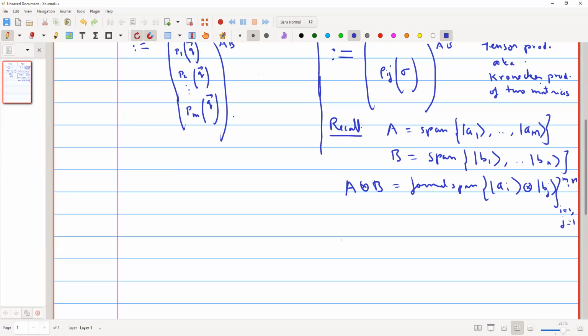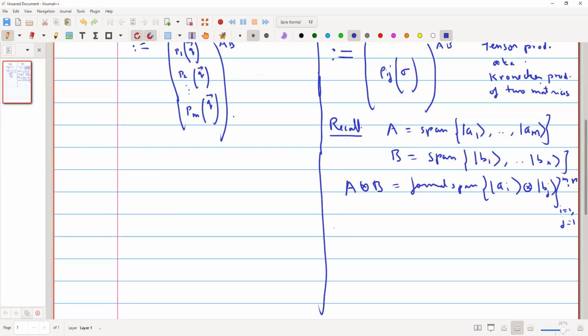So this was the definition, and I hope you recall that the notion was formal span. Any vector in the formal span is a vector in the tensor product space. Now it is formally defined as a linear combination of these symbols. If I have to write this linear combination as a tuple, we have chosen a certain ordering, which was nothing but the same lexicographic ordering.